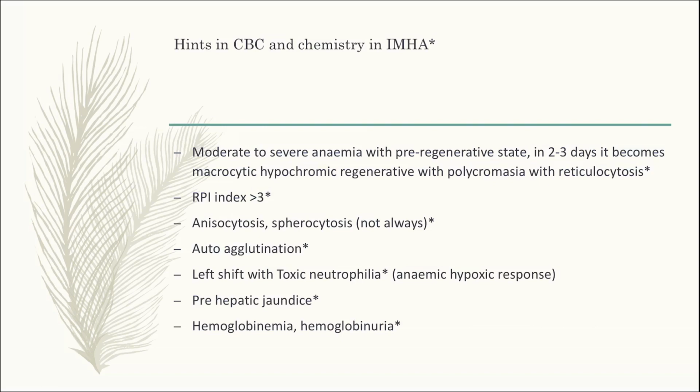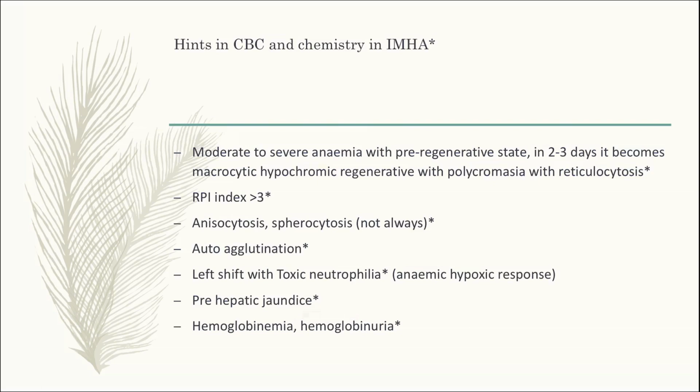And in leukogram changes, you will see left shift with toxic neutrophilia. See, this toxic neutrophilia doesn't always indicate some inflammation. It is also a response of hypoxia. And you will also see prehepatic jaundice because of accelerated hemolysis that is happening in the system.